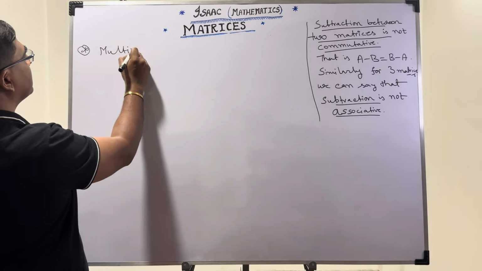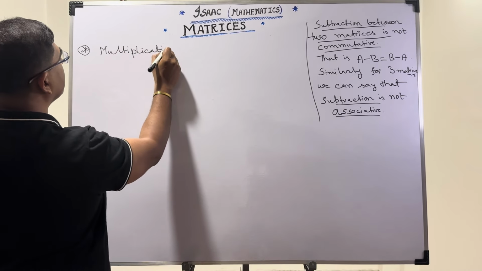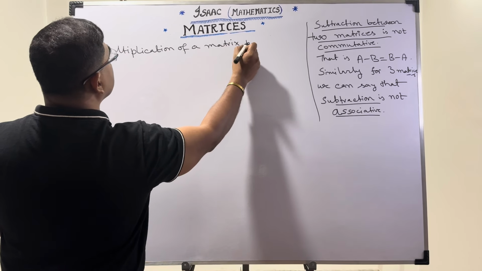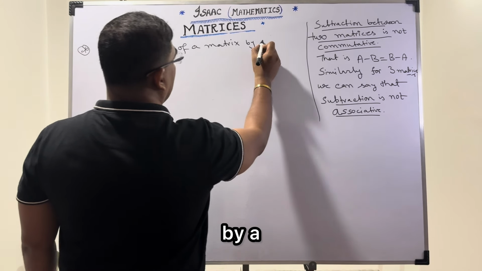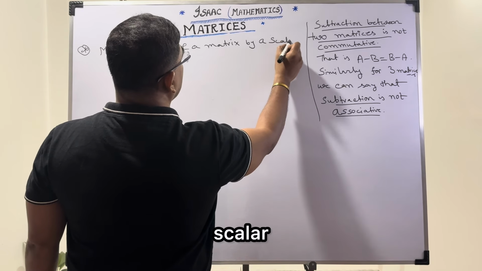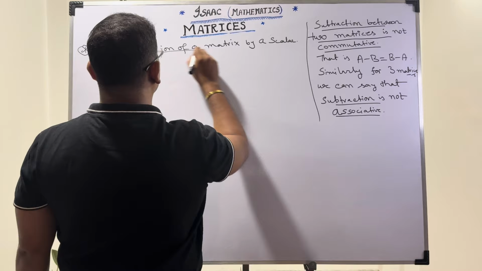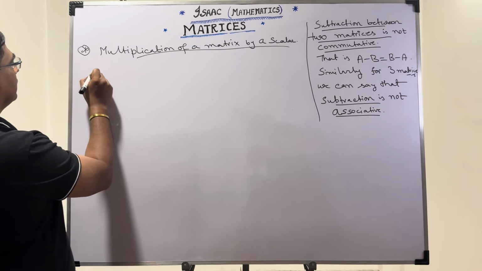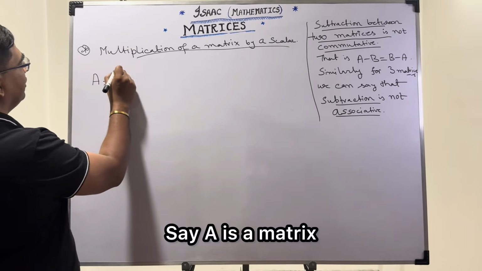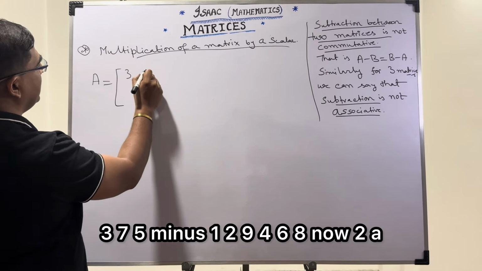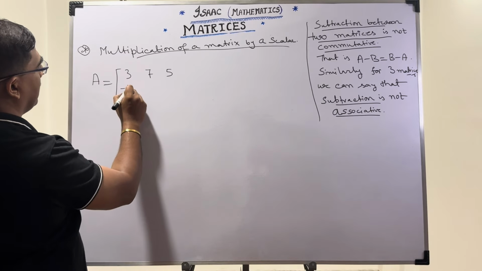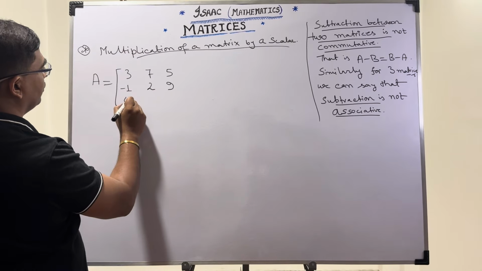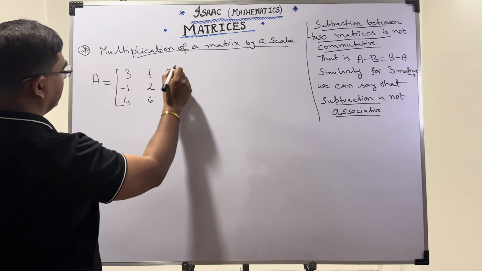Multiplication of a matrix by a scalar. Say A is a matrix 3, 7, 5, minus 1, 2, 9, 4, 6, 8.